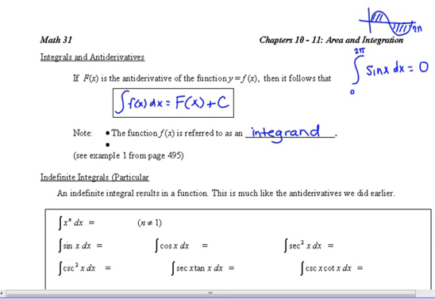And if you want more examples, since not all integrals represent area, you can see page 495 of your textbooks. Example 1.